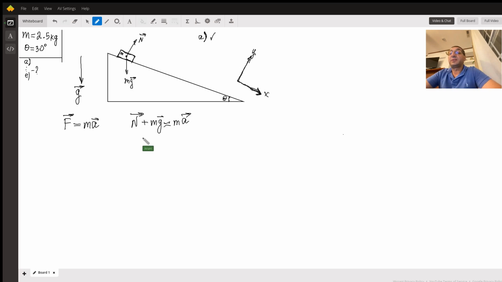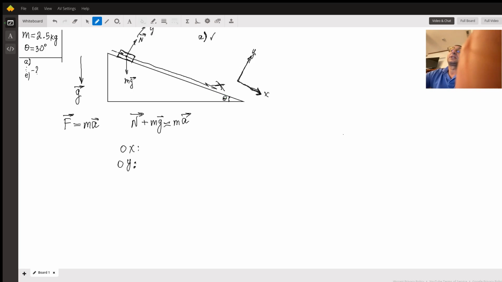After that, you have to write the projection on OX and the projection on OY. The projection on X is the projection of all forces on this direction, because this will be our X, what we selected. This will be our Y, right?